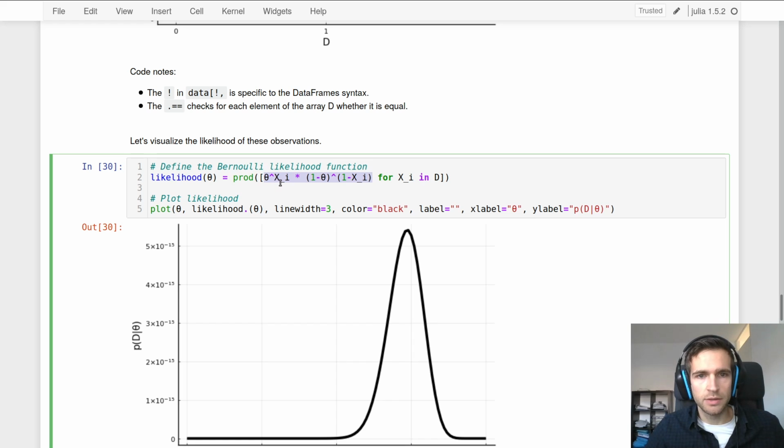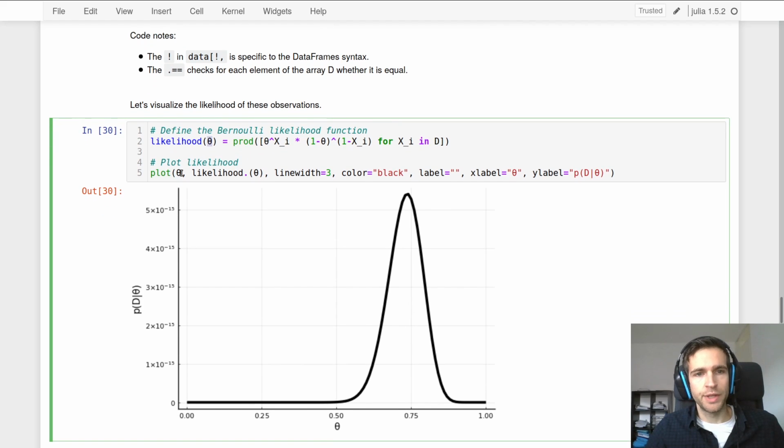So that's theta to the power xi times 1 minus theta to the power 1 minus xi. In list comprehensions you get a list out. Each of those entries is the function applied to the element of the dataset D. And so we're taking the product over all of the elements in that list, and that becomes the likelihood for a specific value for theta.